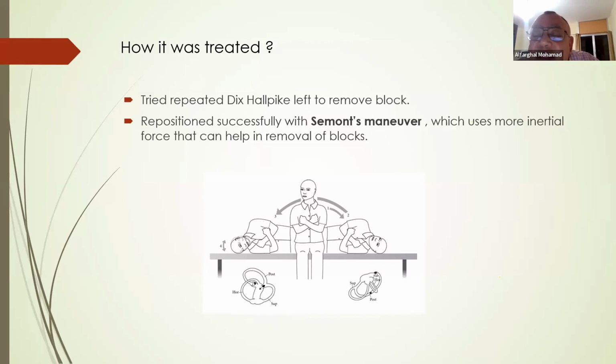If someone persistently and constantly sleeps on his right side, don't expect that BPPV is from the left side. It doesn't make sense to develop on the left, except in a very special scenario, but most likely it will be on the right side. That's why worldwide BPPV is more common on the right side than the left, because the majority of people lie on their right side.